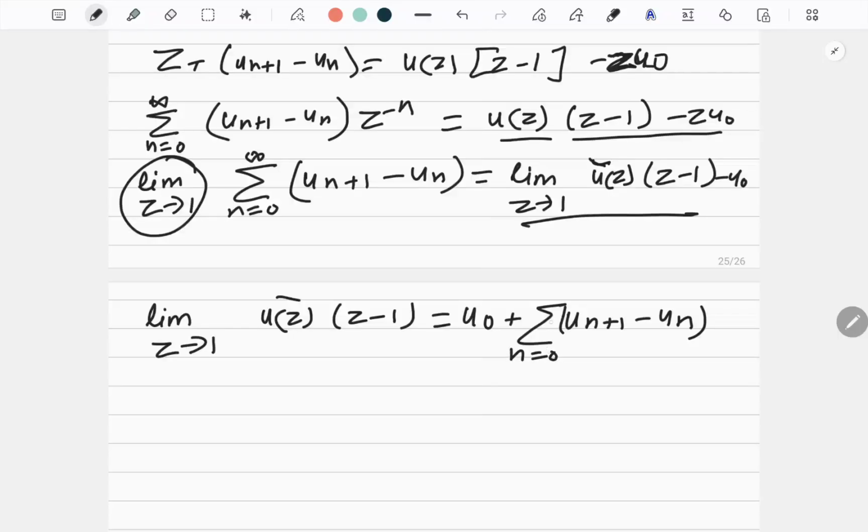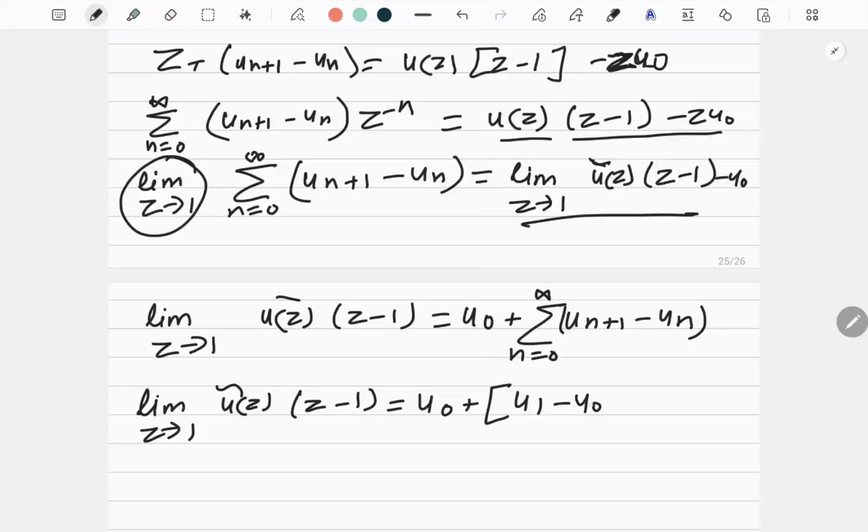So limit z tends to 1 of uz by z minus 1 is equal to u0 plus, put n equal to 0, so u1 minus u0 plus u2 minus u1, and like this it will go up to u(m plus 1) minus u(m).